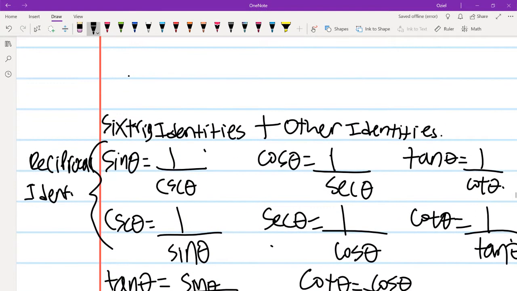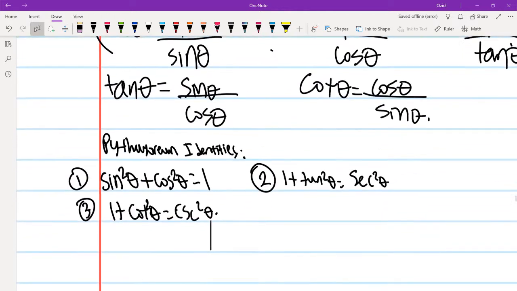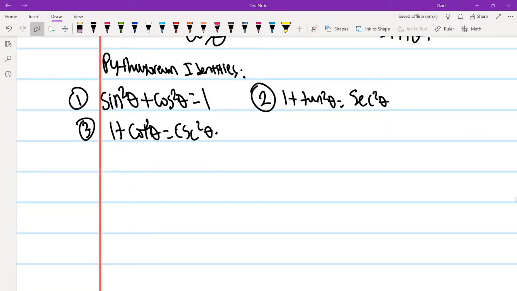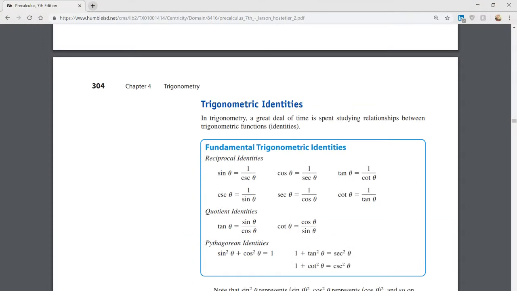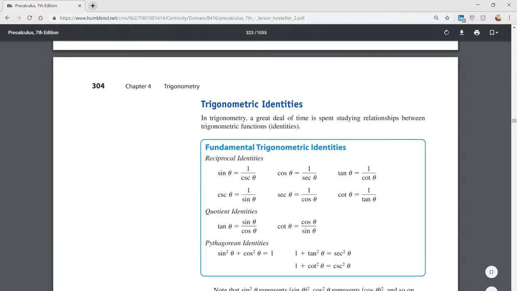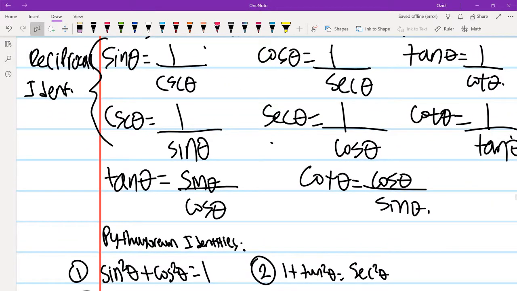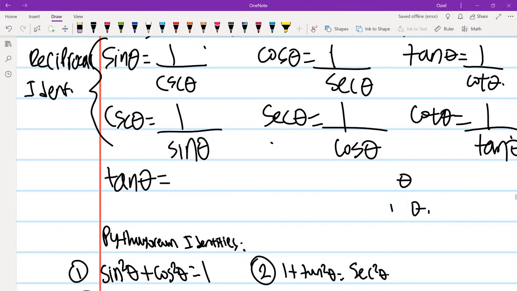So then, okay, we already have all the important identities. Oh yeah, these are your quotient identities, by the way. These would be these two, so let me rewrite them.